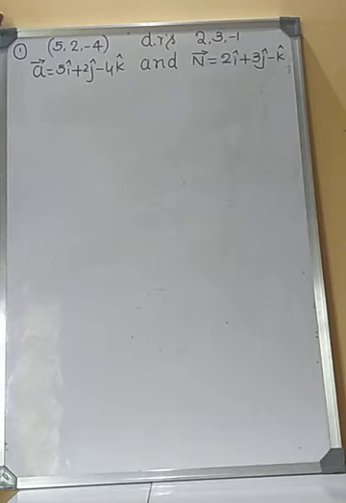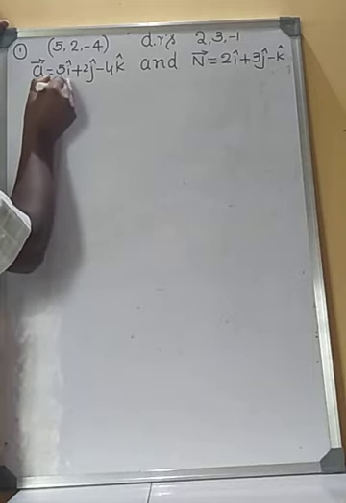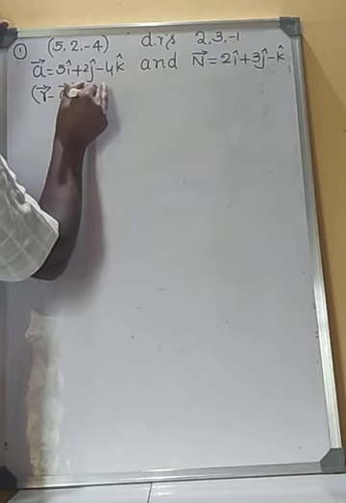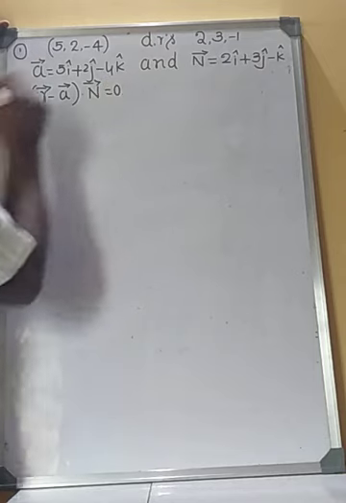Now, the vector equation of the plane is given by r vector minus vector a dot n vector is equal to 0.